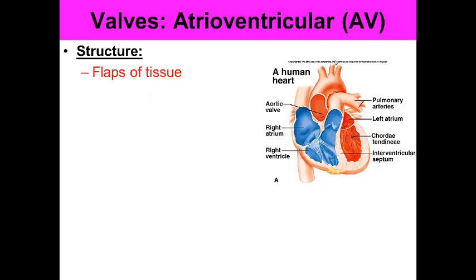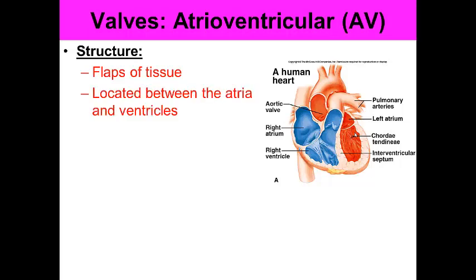Next, we're going to talk about those valves that exist between the atria, which are at the top, and the ventricles, which are at the bottom. These valves are called atrioventricular valves, or AV valves. They are flaps of tissue that are located between the atria and the ventricles in your heart.